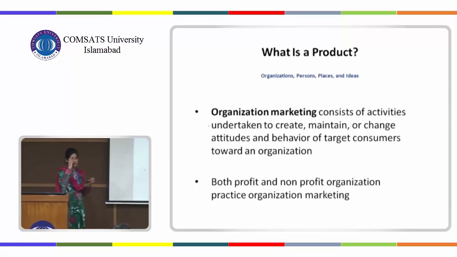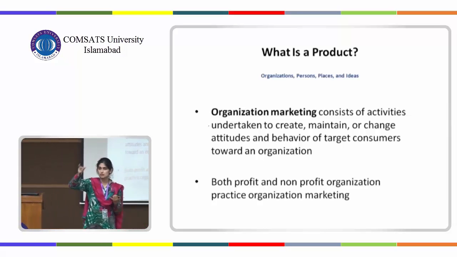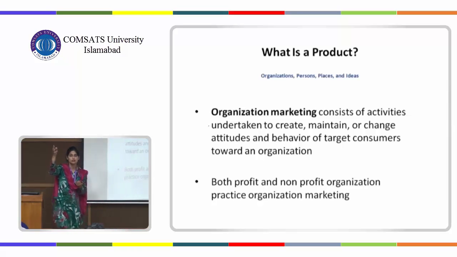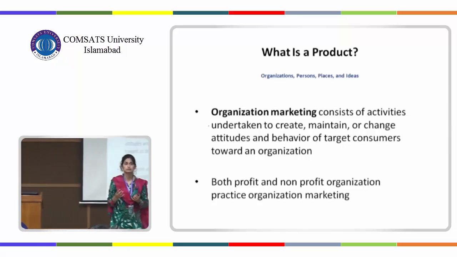Shaukat Khanum does not advertise a certain product that it offers, but it markets the whole organization. Ramzan is coming up, so they would be running a campaign about how Shaukat Khanum is creating value for its target population. So it is all about organizational marketing.